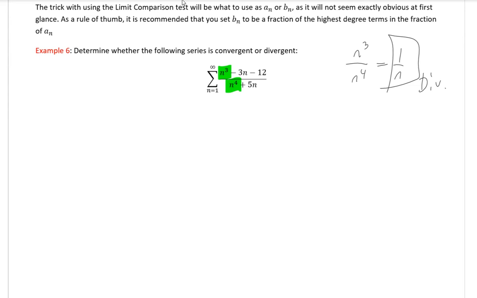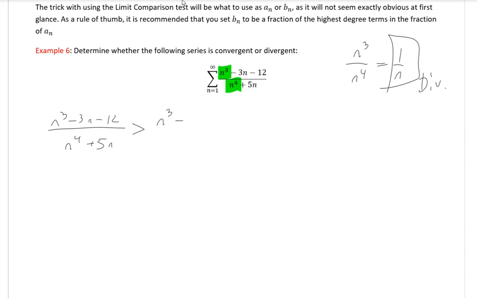However, I can't compare this nicely to a harmonic series. If I try to do n cubed minus 3n minus 12 over n to the fourth plus 5n, I cannot show that this is greater than something if I were to try to take out terms.